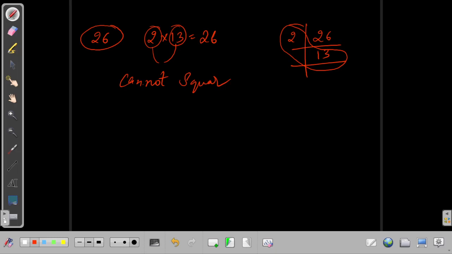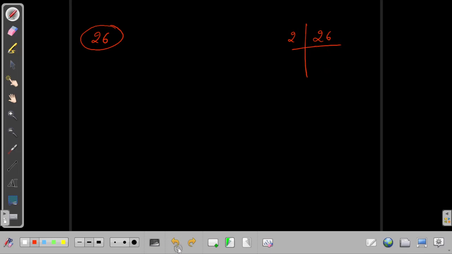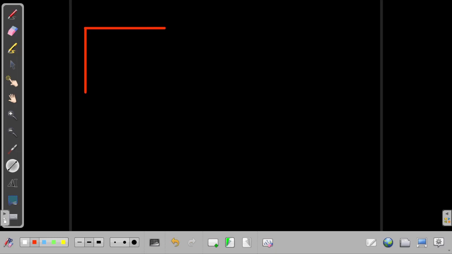Okay, moving forward, we will see some patterns in squares. See now, I'm going to draw one figure here. So this is a square, right?